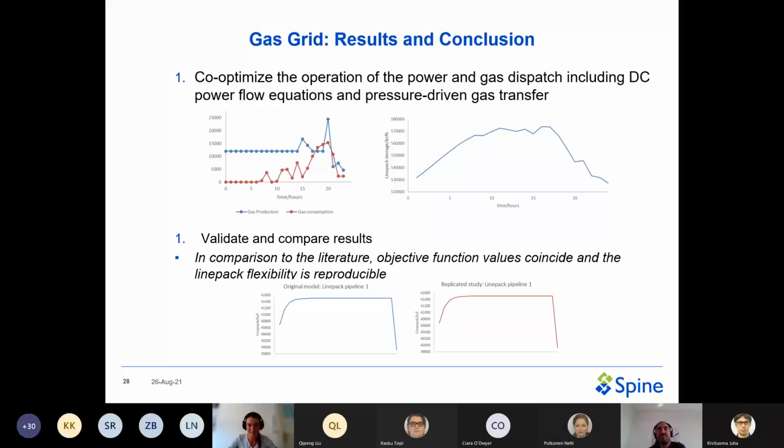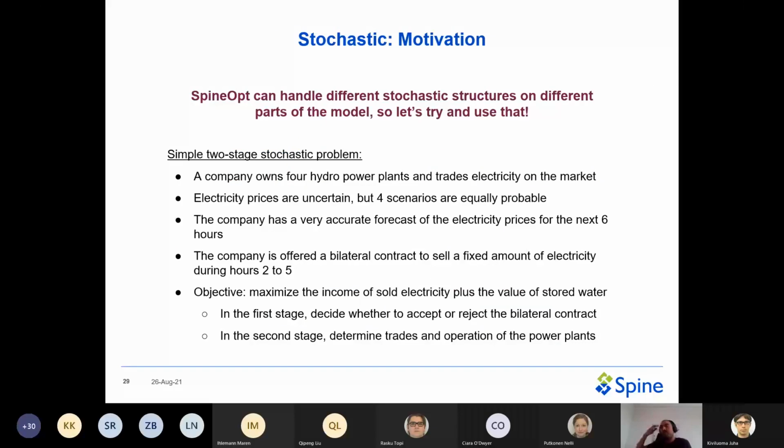So yeah, the next case study is about stochastics. In this presentation we are trying to cover a relatively wide spectrum of applications, so you can get an idea of what's possible with Spine Tools and SpineOpt.